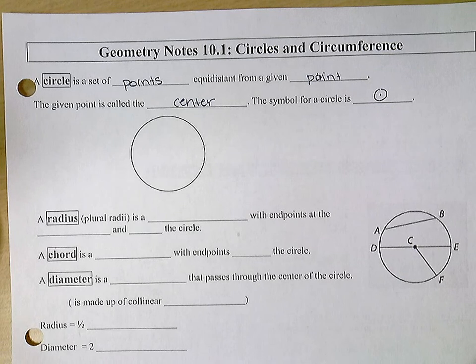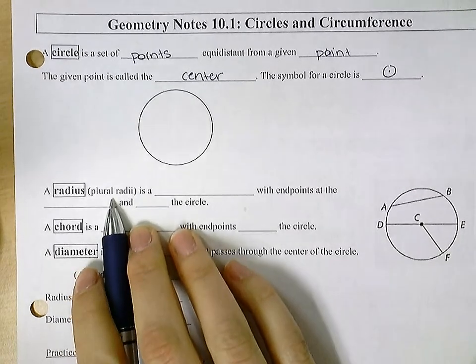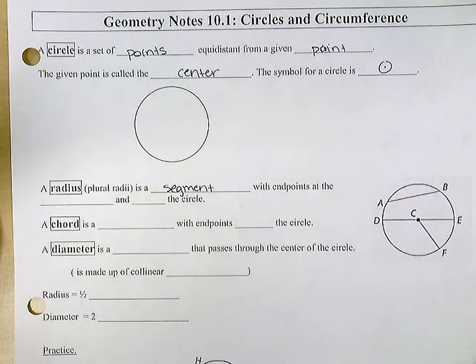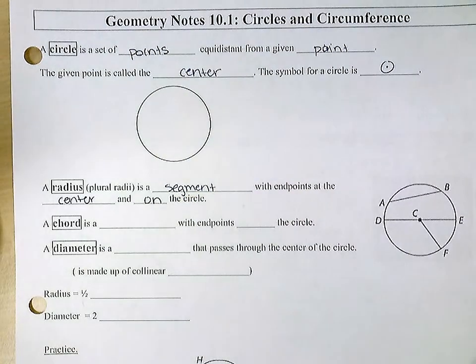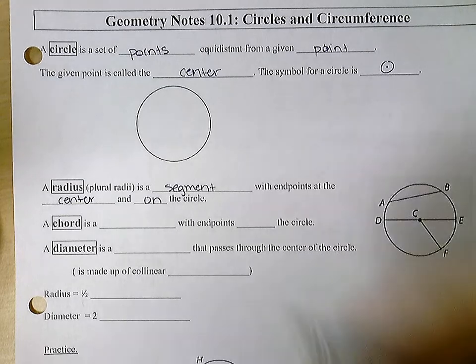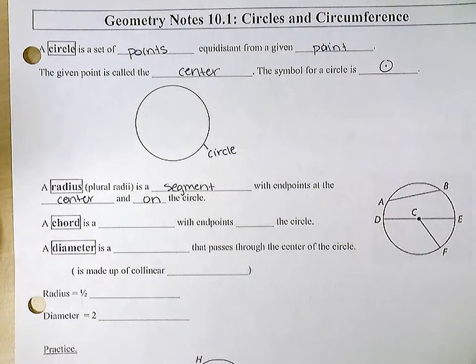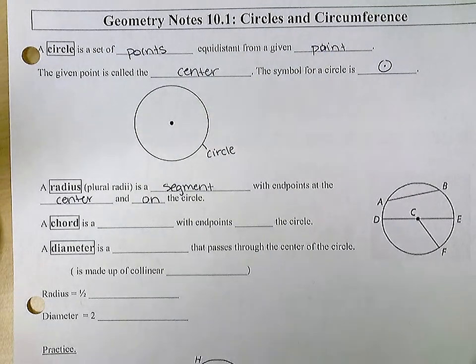So I'm going to go over the different types of segments that you could have inside your circle. The first one is a radius. The plural is radii. That is a segment with endpoints at the center and on the circle. So the points around the outside, that's your circle, and your center point is in the center.